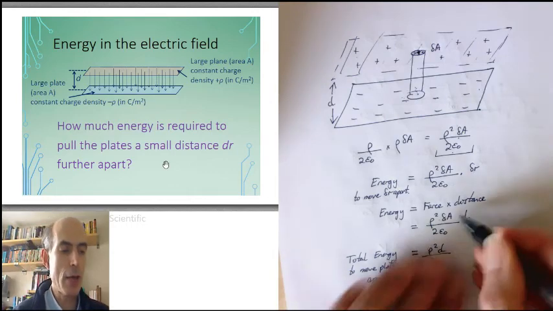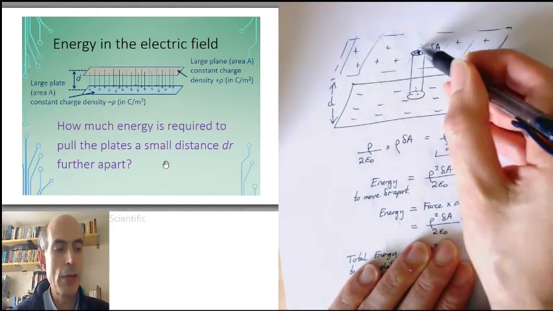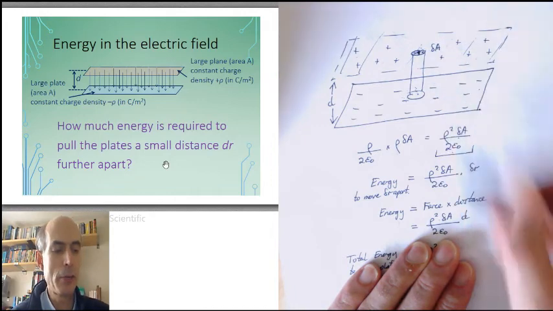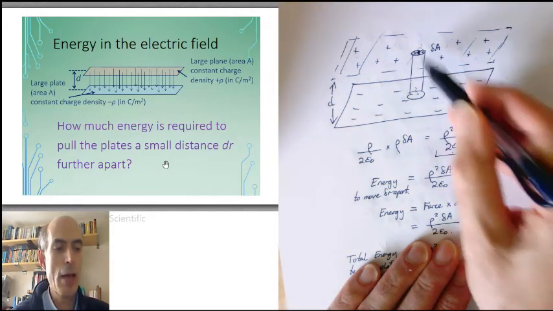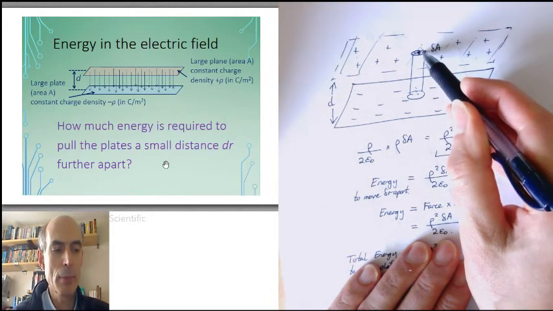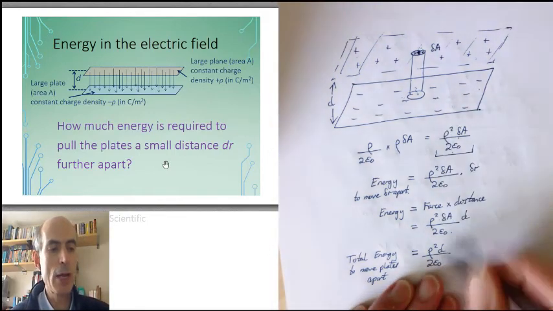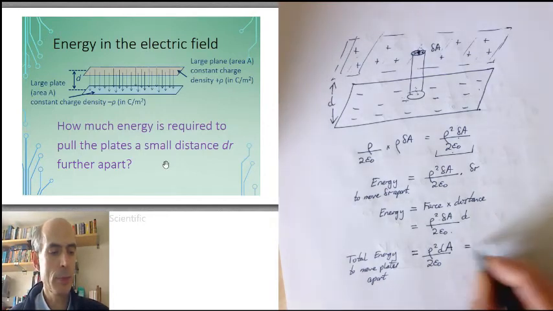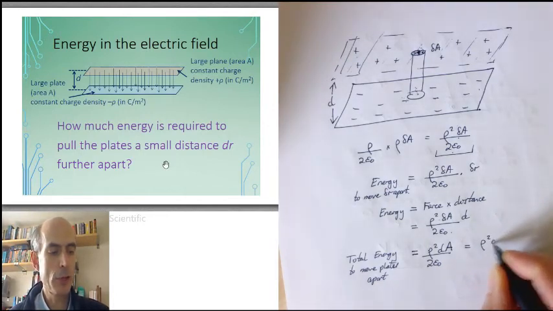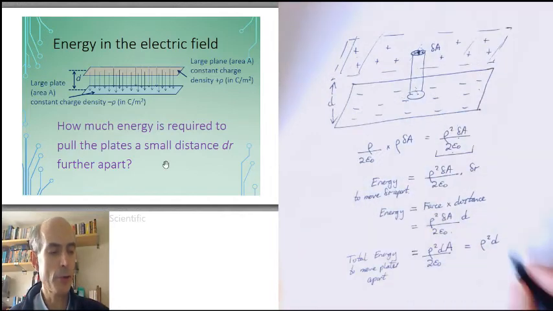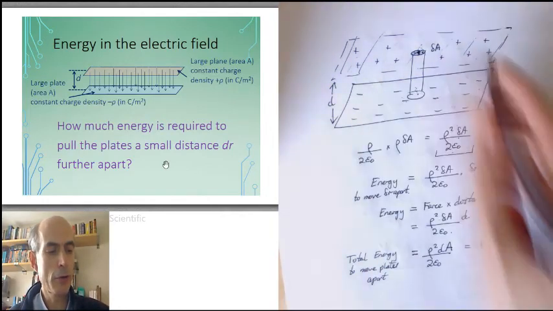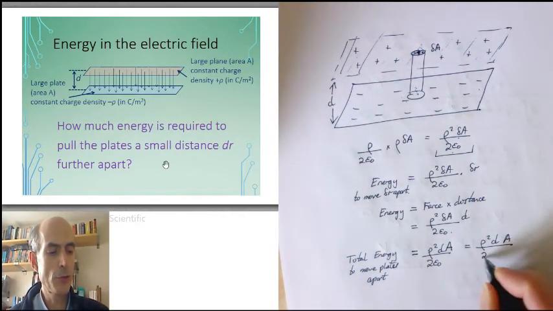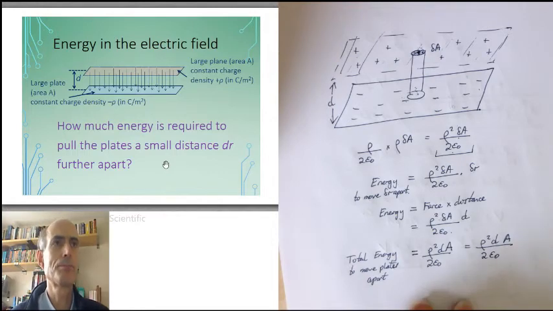I just take the energy required to move this area delta A and divide by delta A. That gives me the energy per unit area. Multiply the energy per unit area by the total area of the plates, and I end up with this expression. Rho squared times d, the distance apart, times A, the area of the plates, divided by 2 epsilon naught.